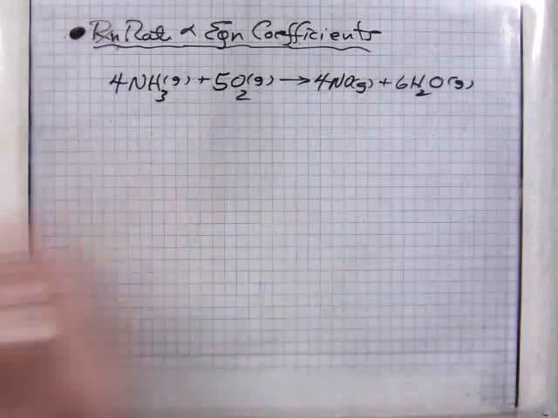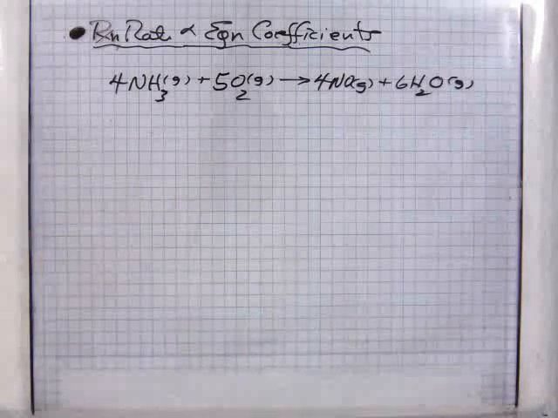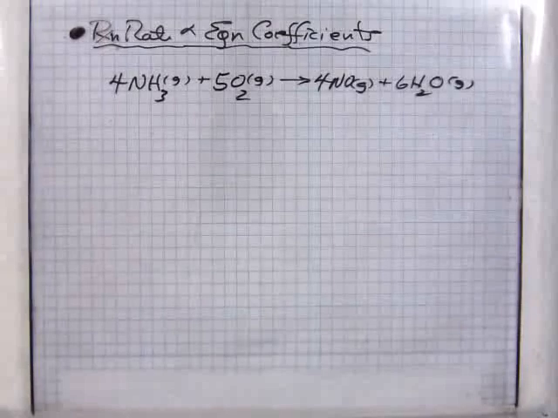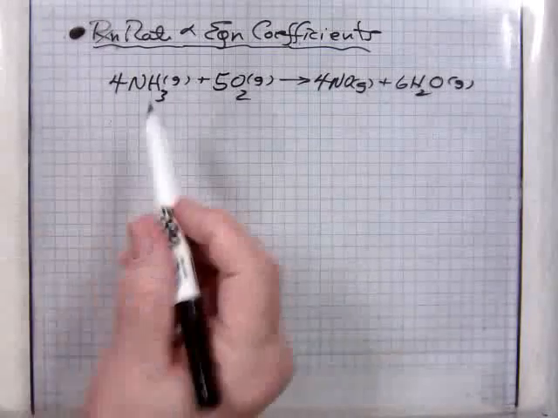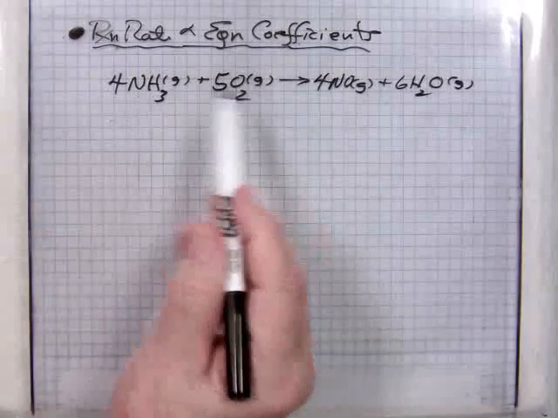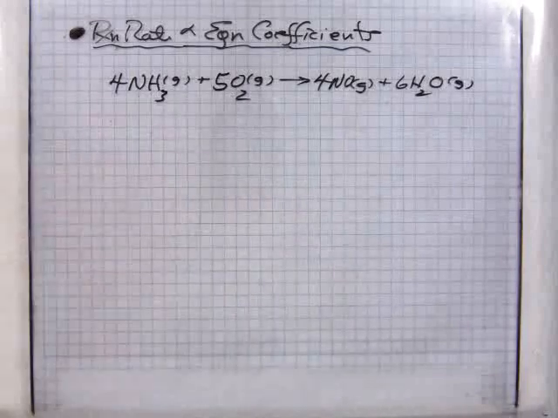They indicate the change is different, or the rate of consumption, the rate of production, as a comparison between two of the substances, is different. So if we compare the rate of ammonia to the rate of oxygen, yeah, you can do that.